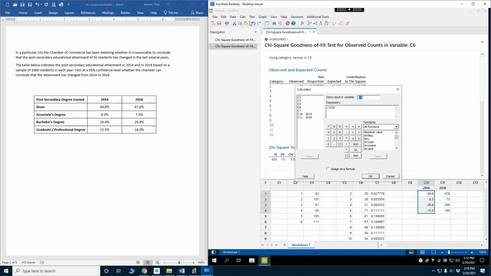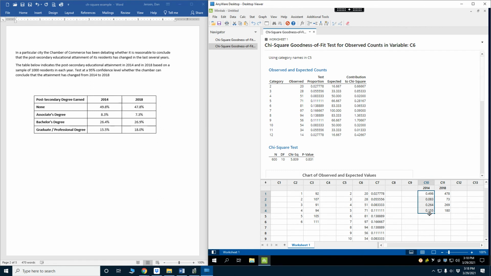I'm going to go to Calculator, and I'm going to make my C10 equal C10 divided by 100, changing my percents to a decimal. Okay, we okay? The expected values are as a proportion, as a probability, as a decimal. The observed values, in this case of 2018, would be the number out of the 1,000.